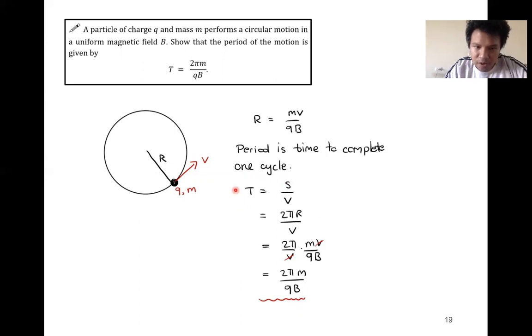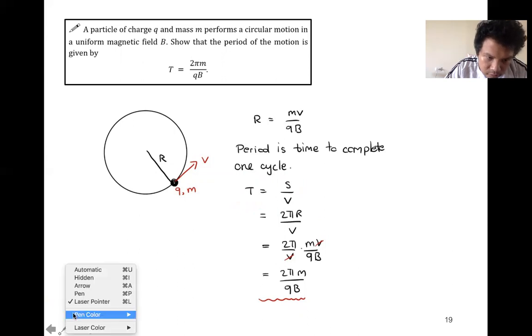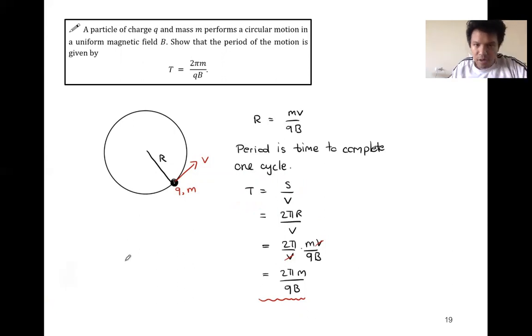So if I start with v as distance per unit of time, and we consider a full turn, one period of a full circle of motion, the distance will be 2 pi r, and the time will be T, the period.